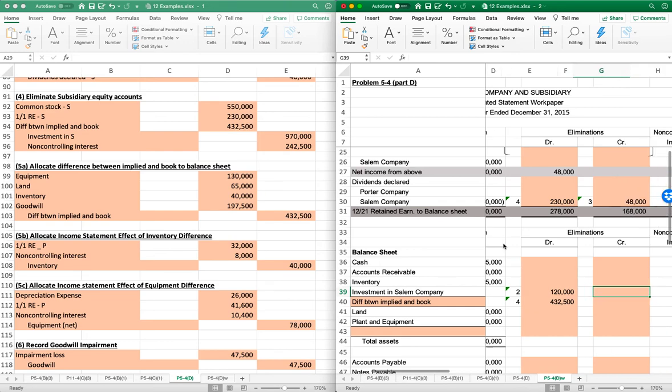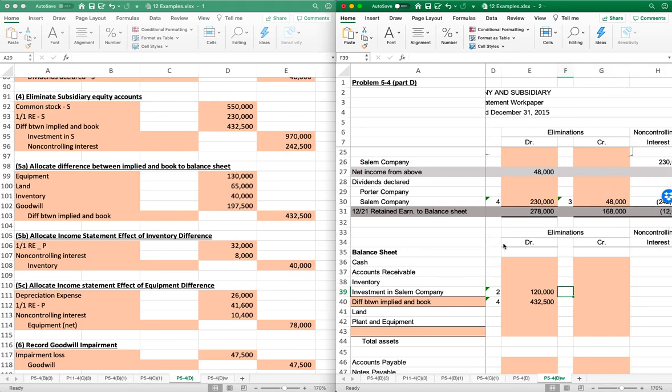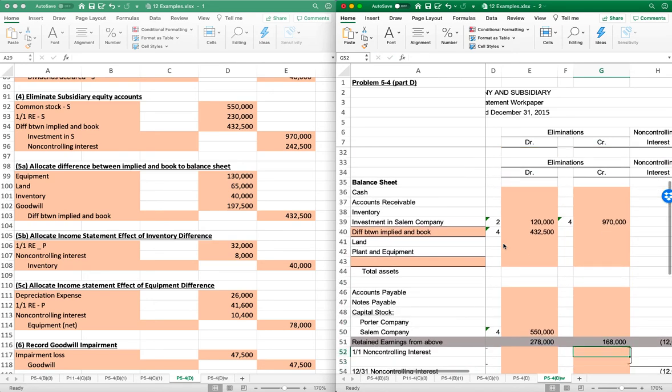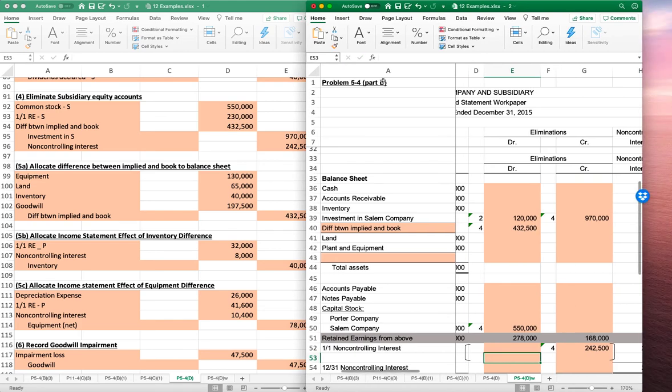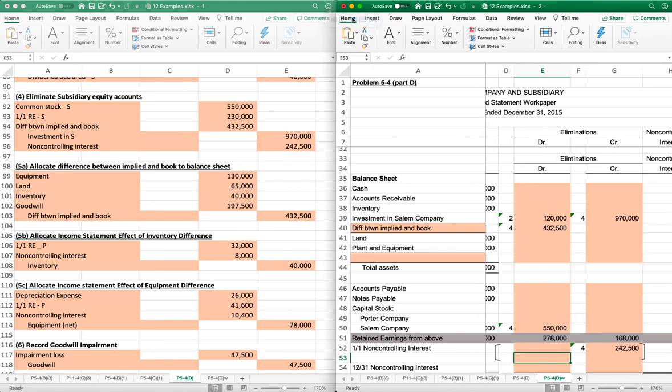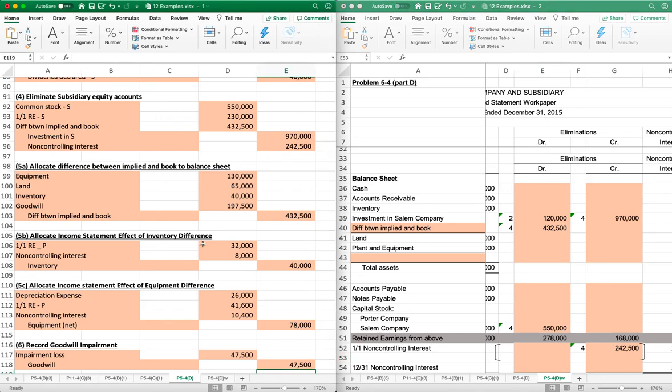One is investment in S for $970,000 and non-controlling interest down at the bottom here for $242,500. And again, notice that non-controlling interest is also going to have multiple entries. So they have these brackets here. Anything on both of these lines is going to go to non-controlling interest. Okay.